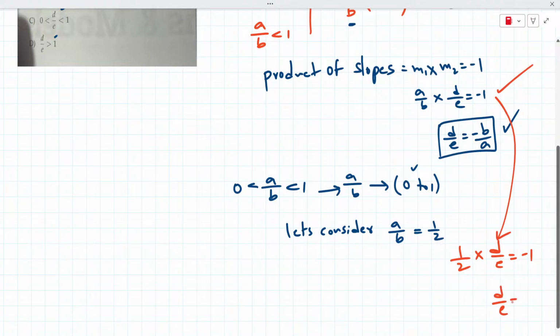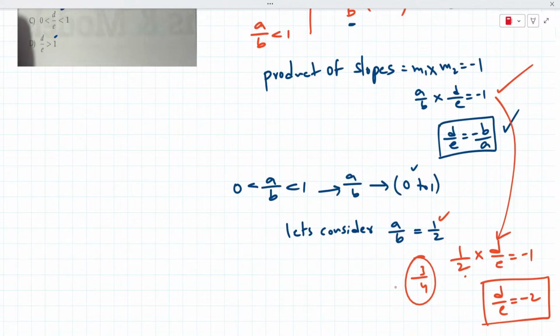So D by E equals, taking the 2 to the other side, -2. We got D by E value -2 if we randomly consider 1 by 2. You can also consider 3 by 4, no problem at all, which is 0.75. It lies in between this, no problem. You just have to take a value between 0 and 1.